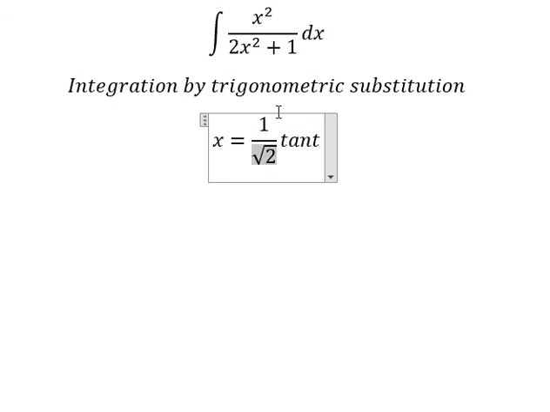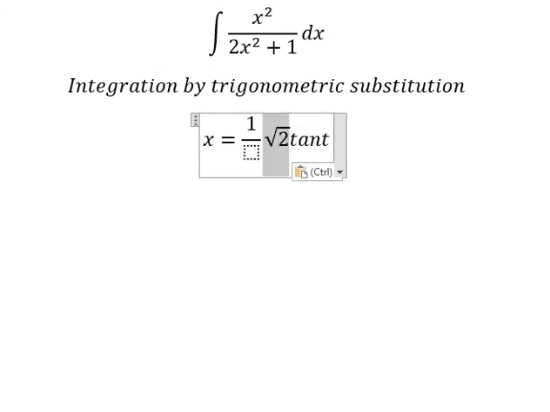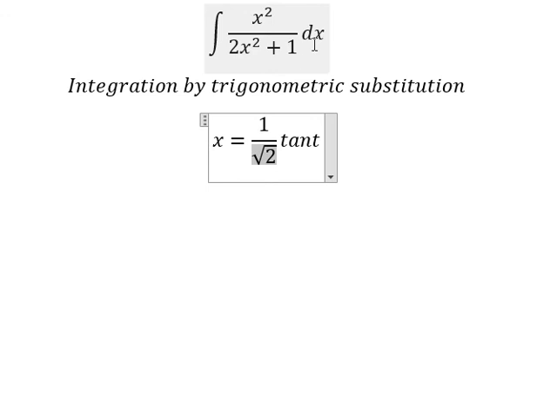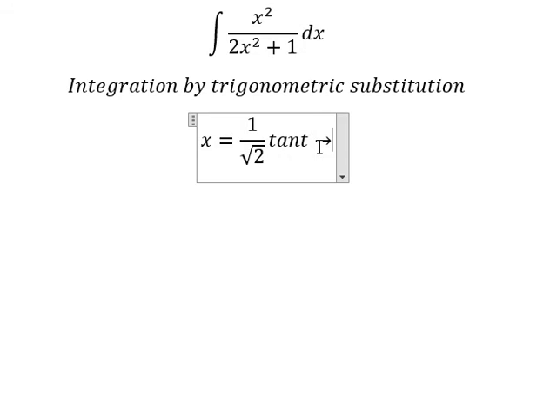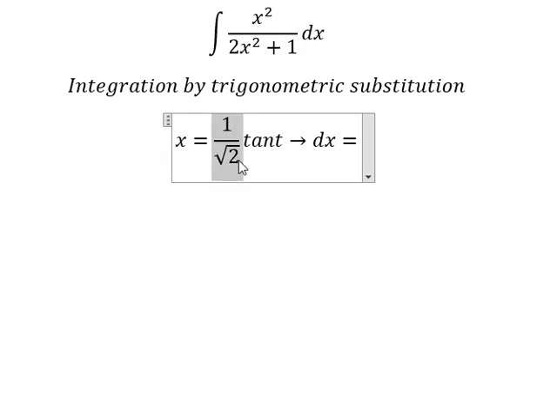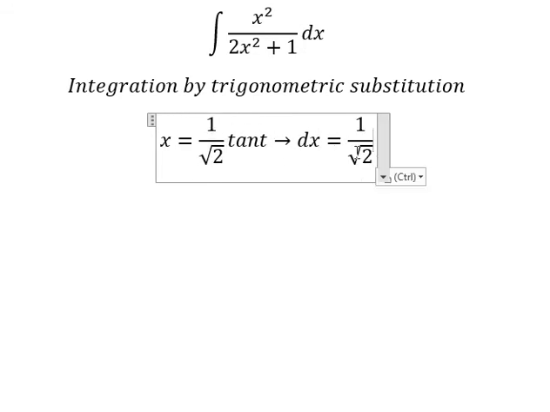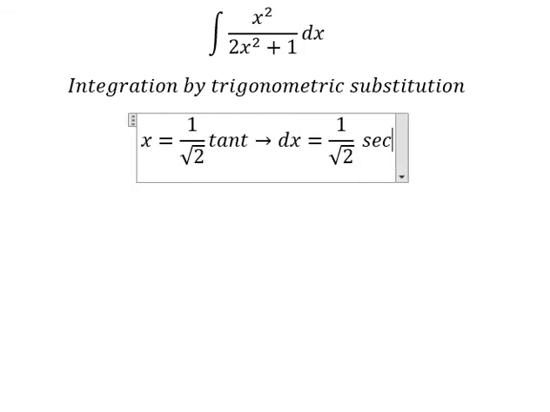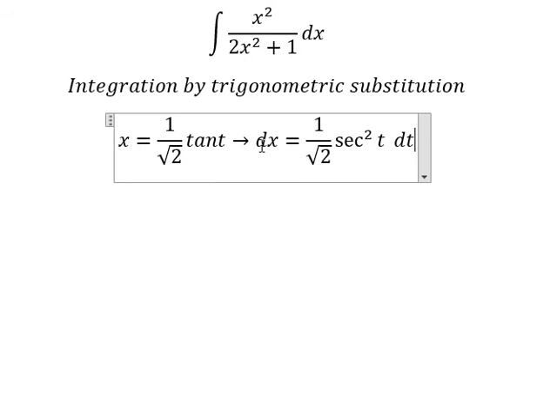We simplify tan t squared plus 1, we change it to secant of t squared, and later we simplify by ds. ds, you get 1 over the square root of 2 secant of t squared dt, because we just take the derivative of tan t first and you get secant of t squared.